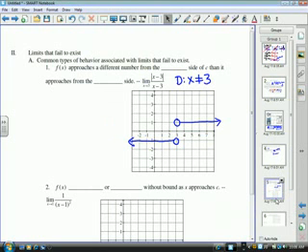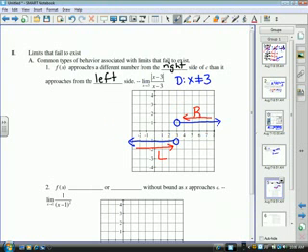All right, I still have 2 more minutes. So would you agree here that this limit doesn't exist because it approaches a different number from the right and the left side? Because where is this going from the right? Positive 1, right? And where is this going from the left side?